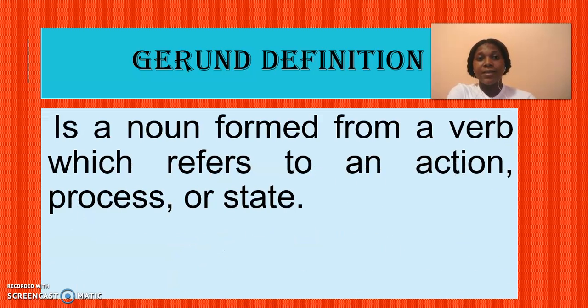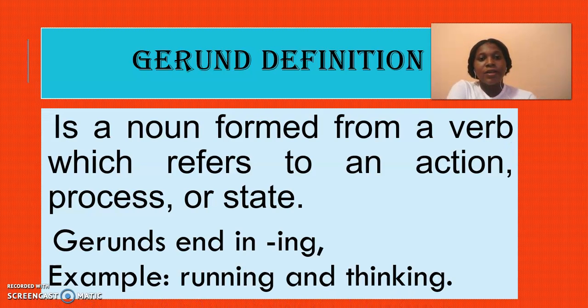A gerund is a noun formed from a verb which refers to an action, process, or state. Okay, it's a noun formed from a verb. Good. Gerund ends in ing. To the verb, we have to look at the verb as a noun and add ing.